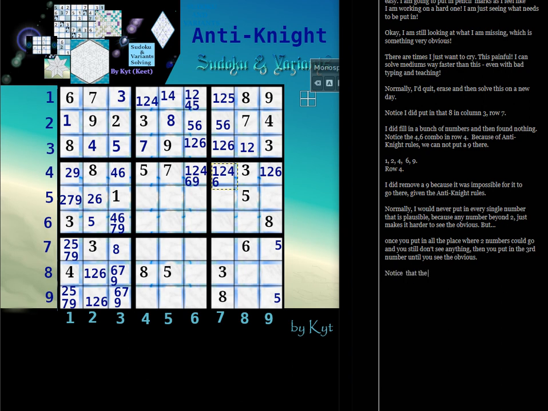Notice that the 9 in row 4 can only go in columns 1 or 6. We would only put in the 9 in those cells.